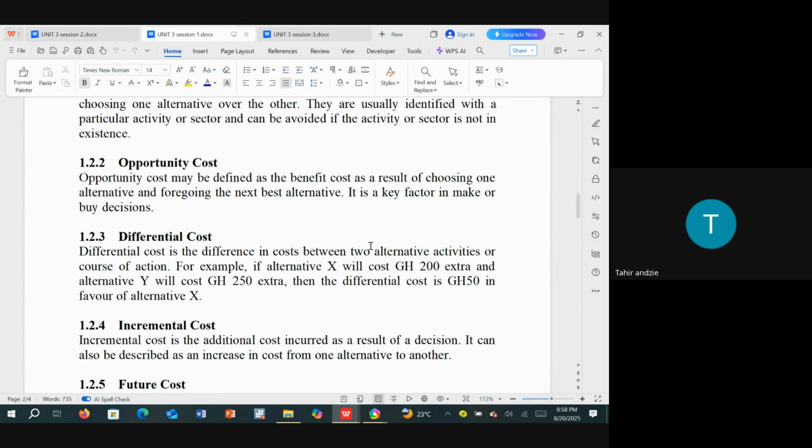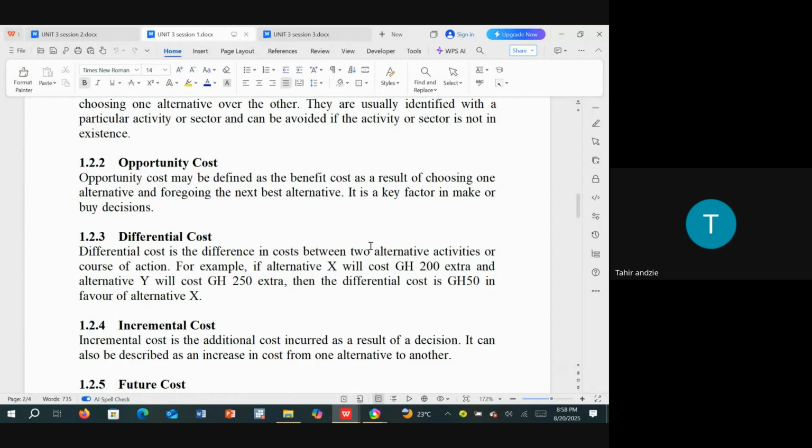So opportunity cost may be defined as the benefit you forgo as a result of choosing one alternative and foregoing the next best alternative.